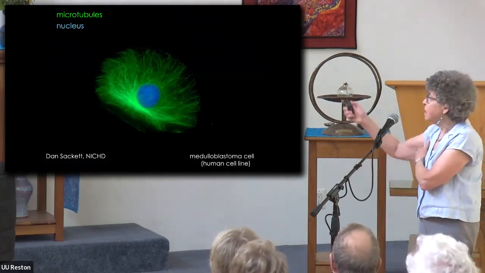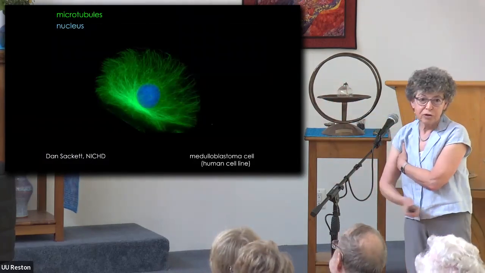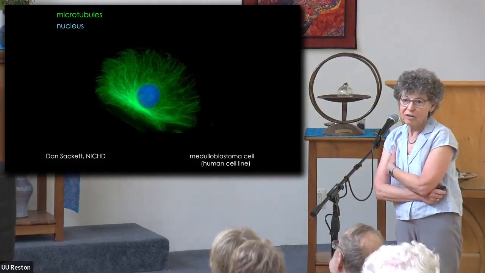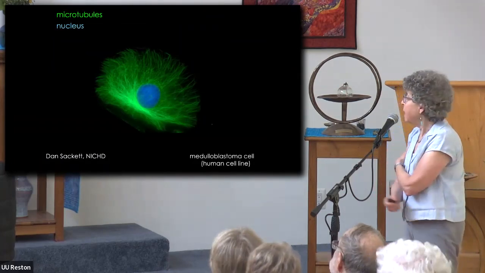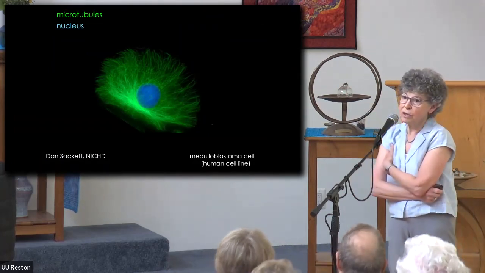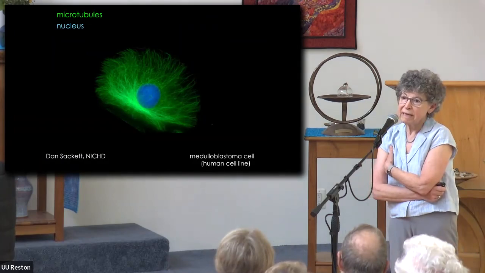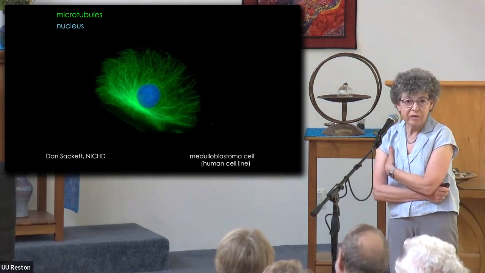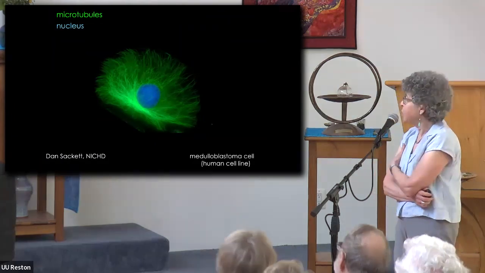This photo was taken by, sometimes I will put the name of who took the image, in this case, a friend and colleague of mine. And this is an image from a cell that's actually a human cancer cell. So not something very cheerful, but anyway.